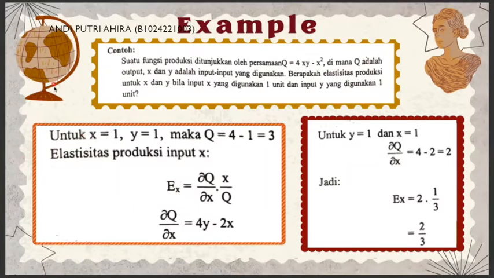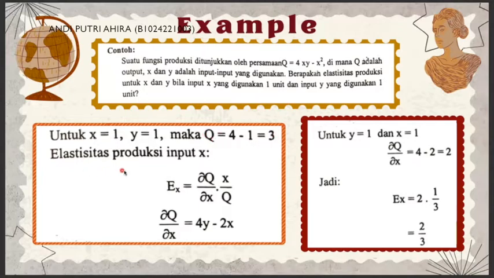So for X equals 1, Y equals 1, Q equals 4 minus 1, because 4 times 1 is 4, minus x squared, which is 1. So Q equals 4 minus 1 equals 3.